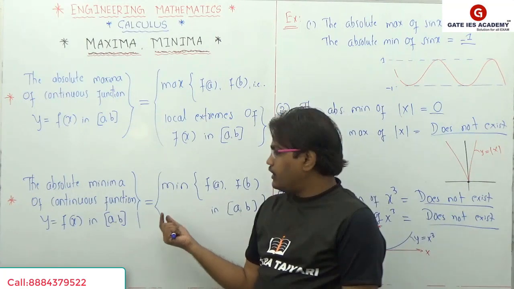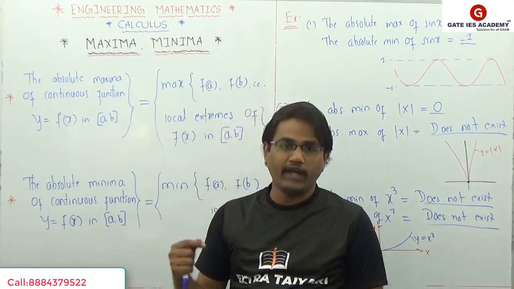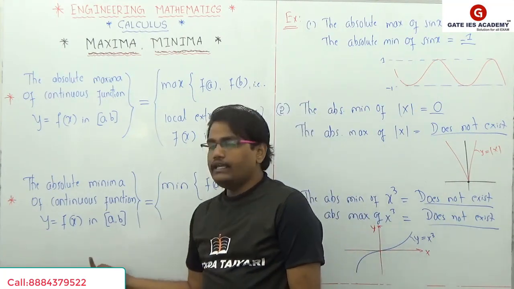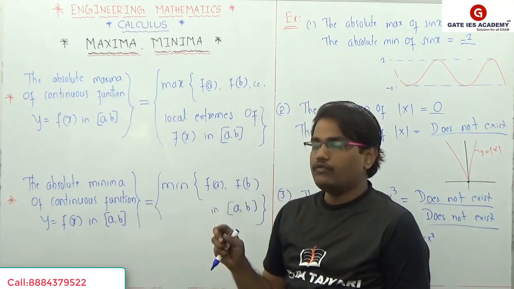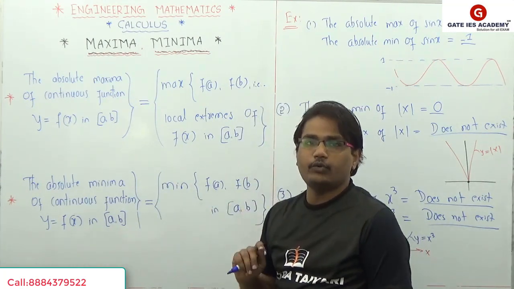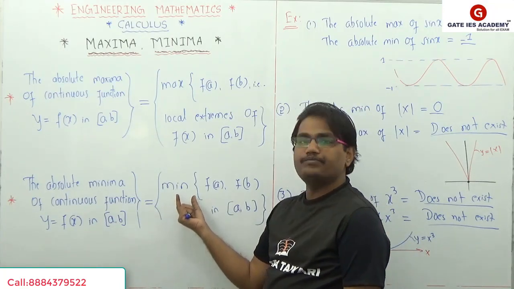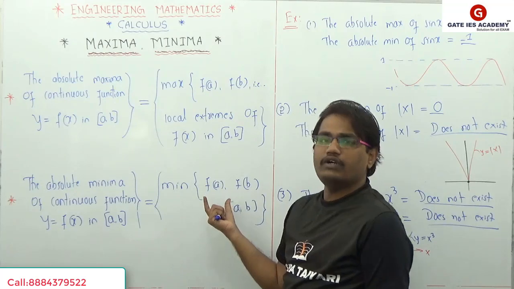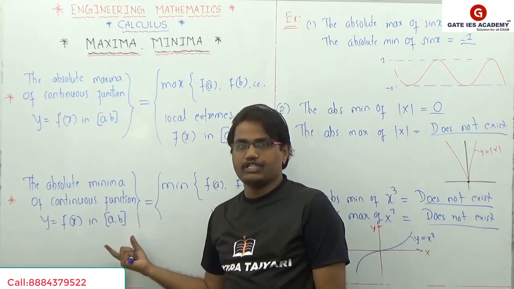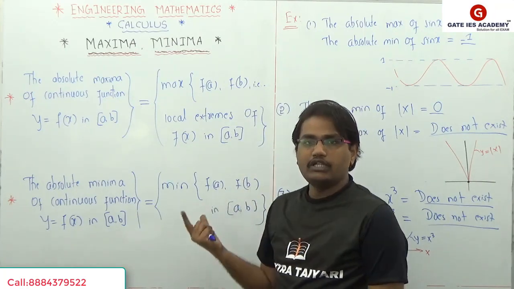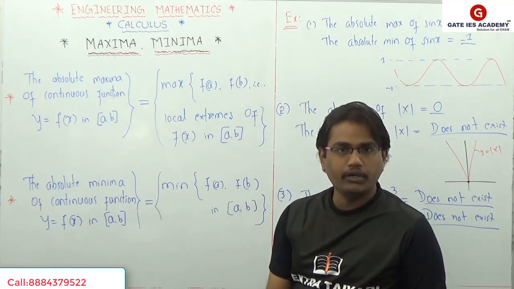Find wherever the points are representing the minimum values, and among them whichever is the least value, that value is known as the absolute minimum, right? So minimum of f of a, f of b, or any other stationary points if you get, among them the minimum value you need to find, that will be known as the absolute minimum value.